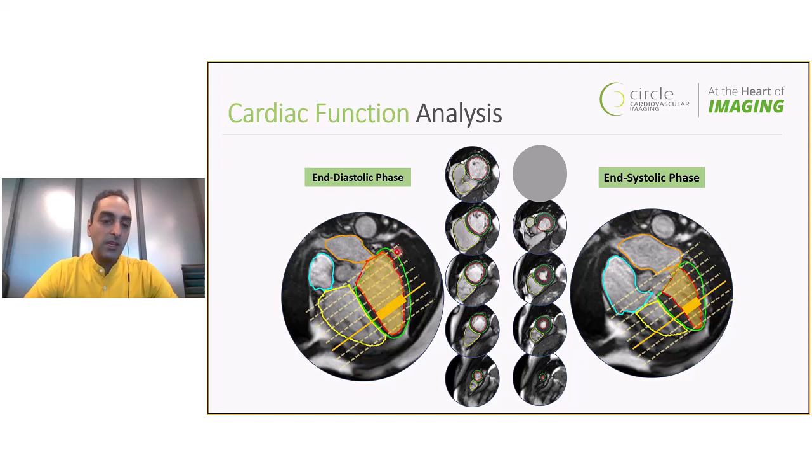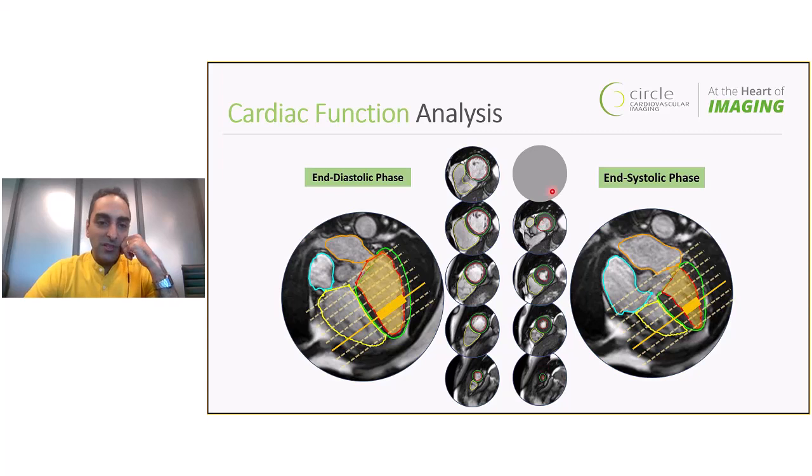Typically we collect about 8 to 10 different short axis slices, but here you're seeing only 5 of them. And you can see it at both the end diastolic phase and also here on the end systolic phase. And you can see here at the end diastolic phase, the area in the middle where the blood pool of the left ventricle is larger compared to what it is in the end systolic phase.